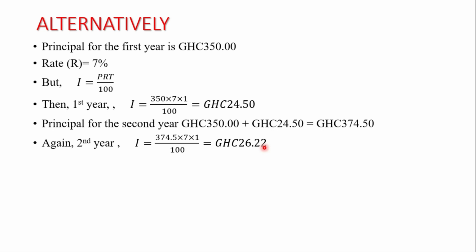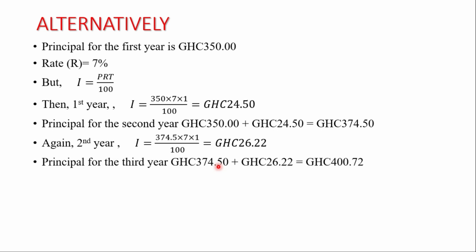Now I want to get the interest for the third year. So it means I have to pick my original principal, which is this, plus 26.22 Ghana cedis, and I'll get the principal for the third year. So principal plus my interest, I pick it, I reinvest it.